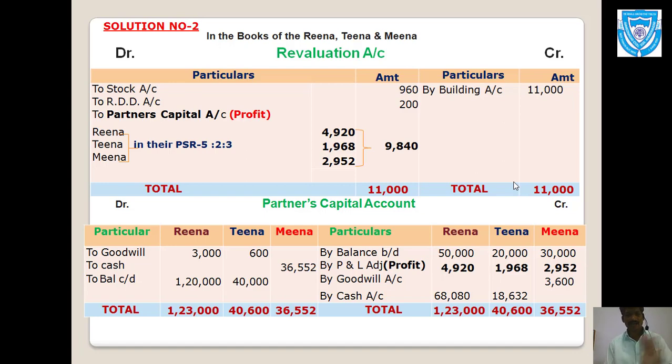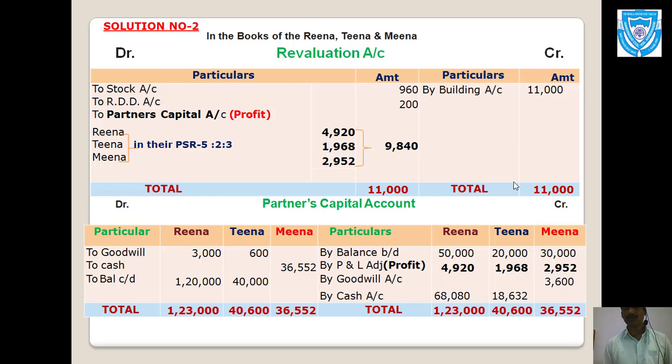So let us find out first whether there is a profit on revaluation or loss on revaluation. I can compare both the sides, and I found that credit side of revaluation account is more than debit side.